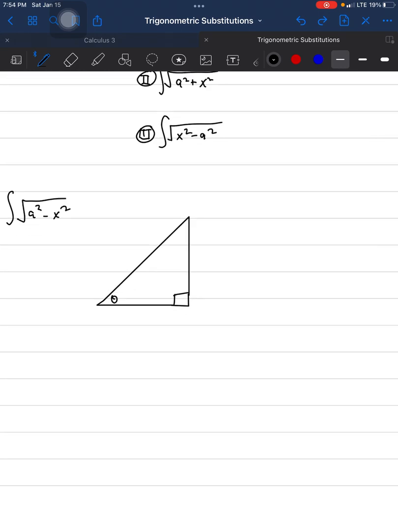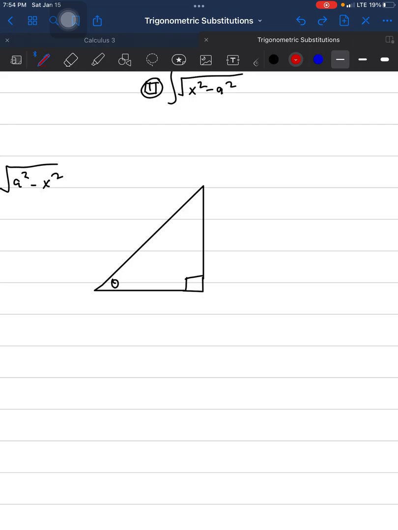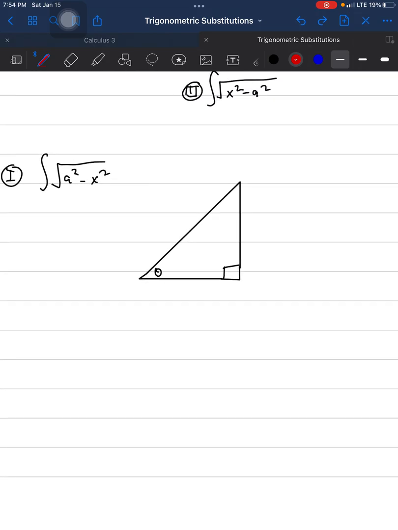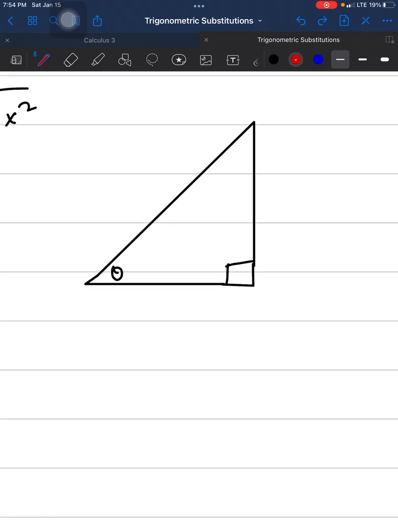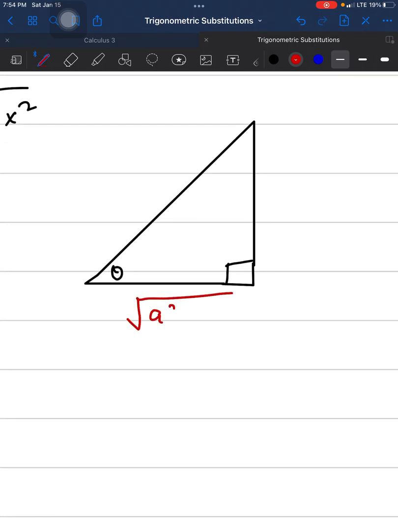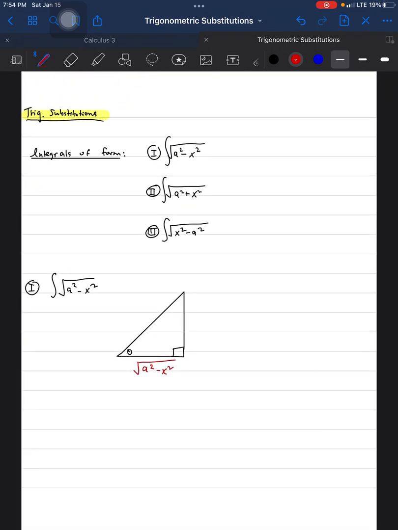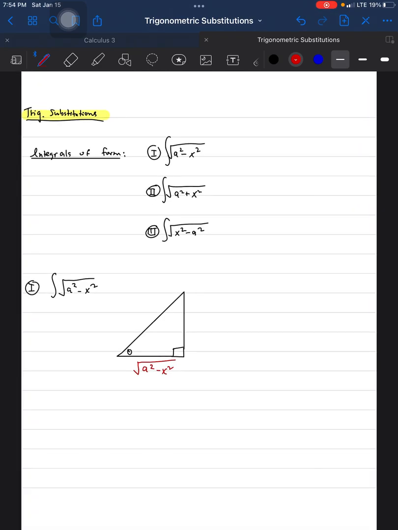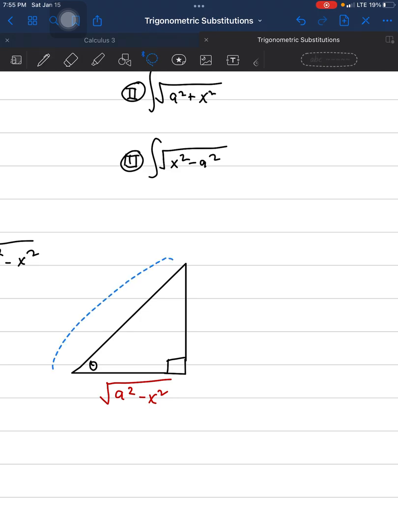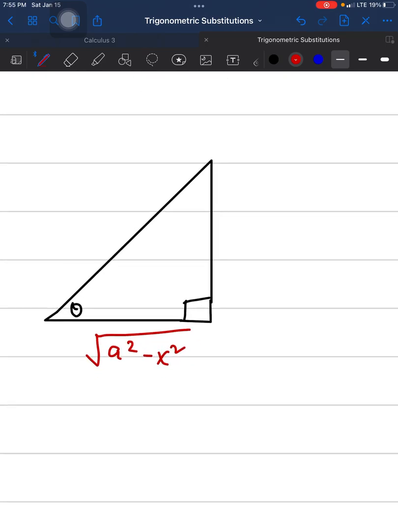So what this is basically implying, this integral, is that a squared minus x squared is going to be right on this side. And we want to put these two sides in such a relationship that we get x over a.